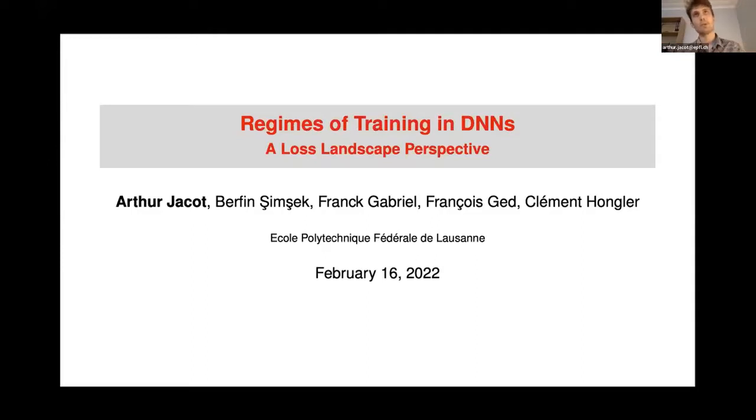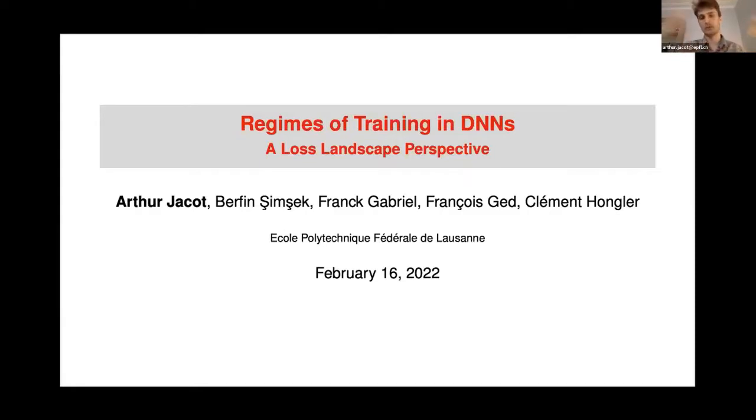In the talk by Burfin yesterday, she was talking about how increasing the number of neurons could lead to a higher proportion of global minima to saddles, or what Shoria talked about just before, about how changing the loss surface could lead to different ratios and dispositions of saddles and global minima. Here, what's interesting is that you have the same loss, but depending on the size of your initialization, you will end up in either a global minimum dominated regime or a saddle dominated regime.